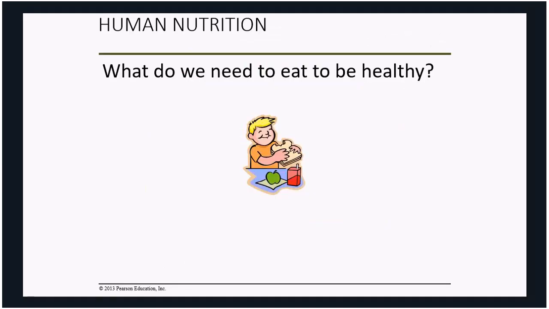So what do we need to eat to be healthy? A big topic when it comes to nutrition is calories. Calories are a measure of the energy stored in your food, as well as energy that you put out during the day. So just by normal processes your body uses, like digesting your food, breathing, your heart rate, all of that takes a certain amount of energy called your basal metabolic rate.